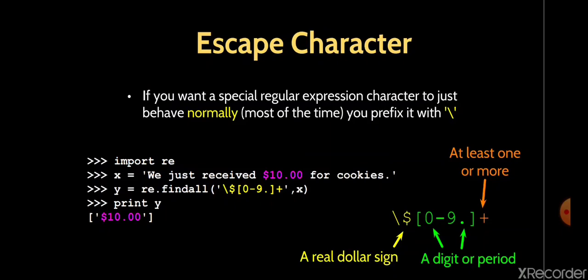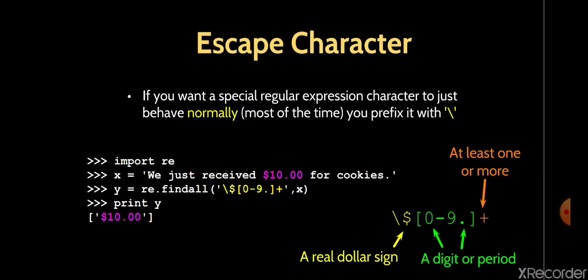So you can see one small example here. We have imported the re package, then we have assigned one line of string to x: "We just received $10.00 for cookies." Here we need to extract this $10.00. Since the content itself contained a dollar, I want the dollar to behave normally.